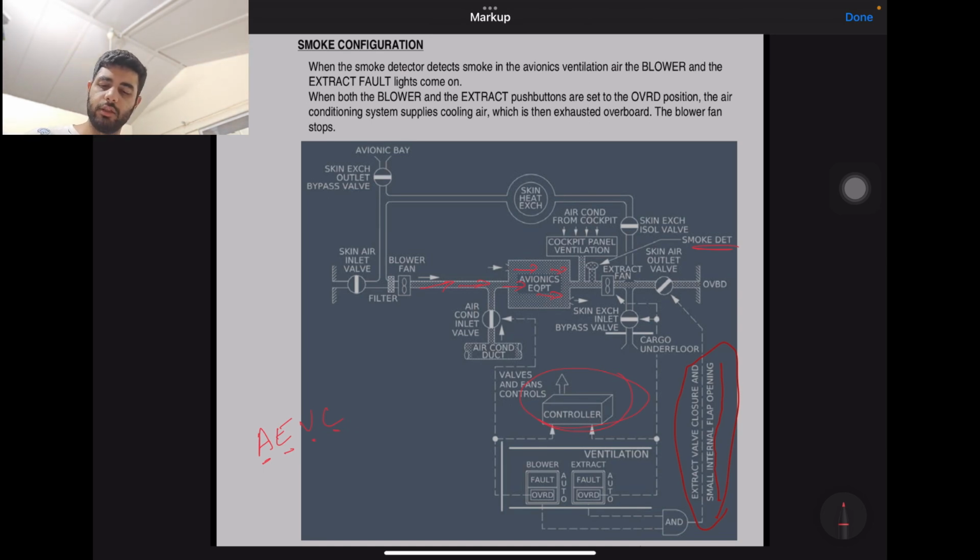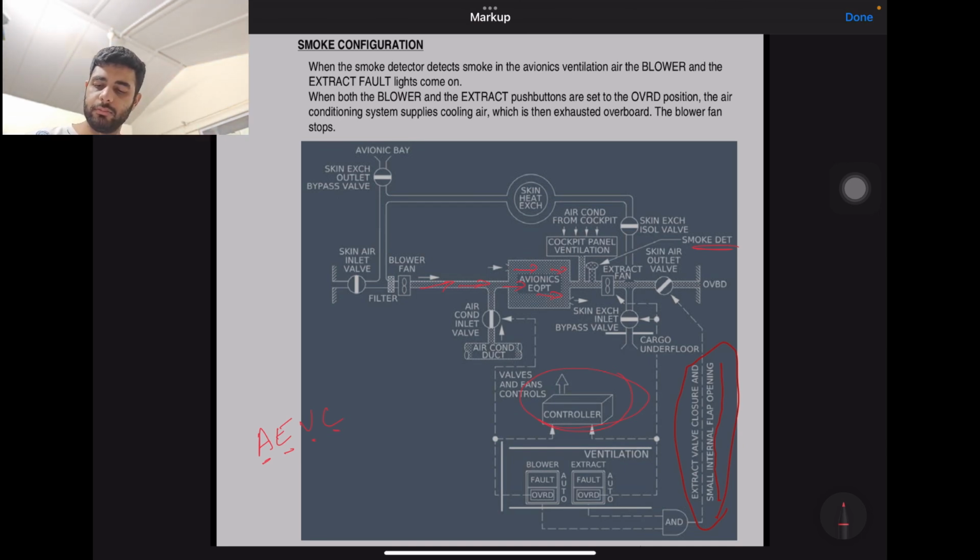Now if you notice, there is no fire extinguisher or anything in the avionics equipment. That's because in case there is a fire in there and you use the fire extinguisher, then it might affect the other computers in that system. So the best case out here is you try to reduce the electrical load, and you try to ventilate the smoke out as much as you can.